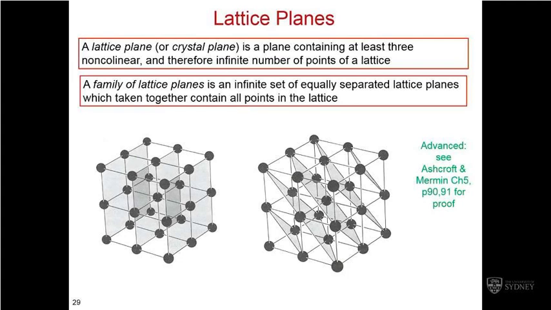And you can imagine there's many sorts of planes that you can have. 2 simple ones are given to you there. And for more background reading, there's always a big explanation in Ashcroft, and I think also in the Oxford Basics book as well.